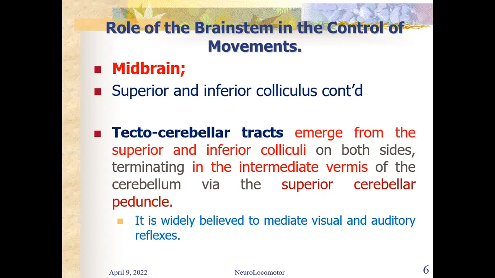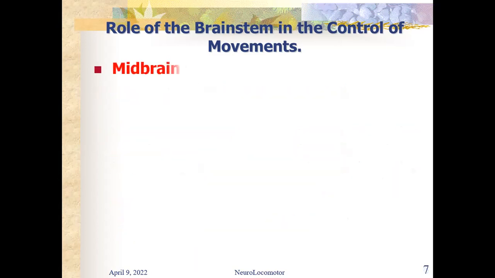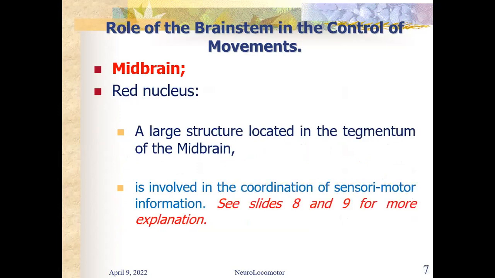So we are talking about the role of the brainstem in the control of movement. We are still looking at the structures of the midbrain. So we have the red nucleus that we had already seen in the previous lectures. The red nucleus is that structure in the tegmentum of the midbrain that is involved in coordination of sensory motor information.